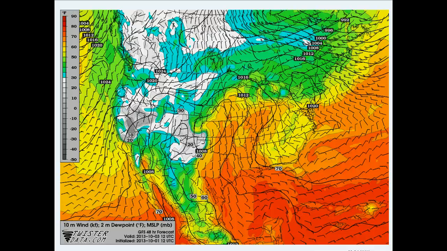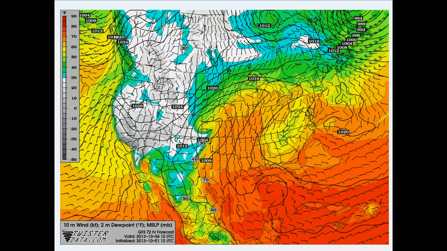As far as sensible weather goes, what does this mean? Well, here's our Twister Data maps, and here's our high dew point air out ahead of the low pressure coming out. This is the 12Z Thursday time period, and here's our 72 hours.